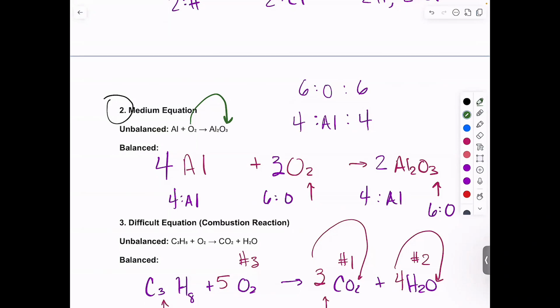Remember, you never change the subscripts of anything to balance things out. I can't say, well, I'll make Al2O3 into Al2O4. You can't do that. I should add that to the notes, but never change the subscripts on the molecules, because that would most likely make them invalid. So always balance out with coefficients. And that's pretty much it.